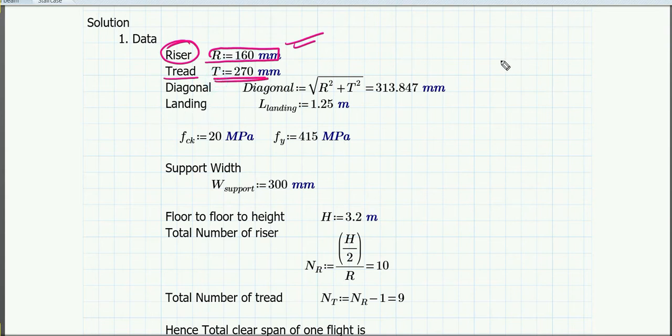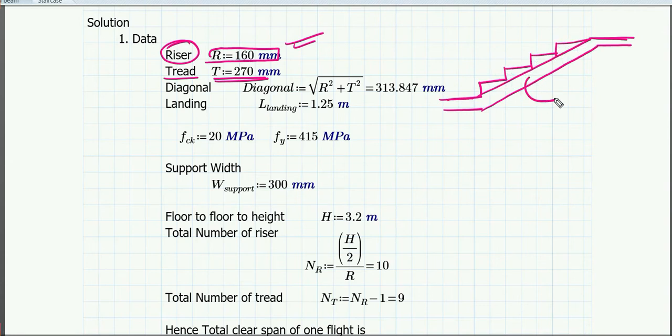Now suppose this is the waist slab. Another thing I want to say is that this particular staircase is a waist slab type of staircase. That means we have a waist slab. Suppose this is the landing over here. Then over the waist slab we have the steps.